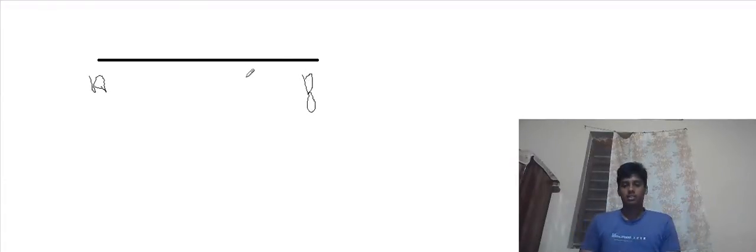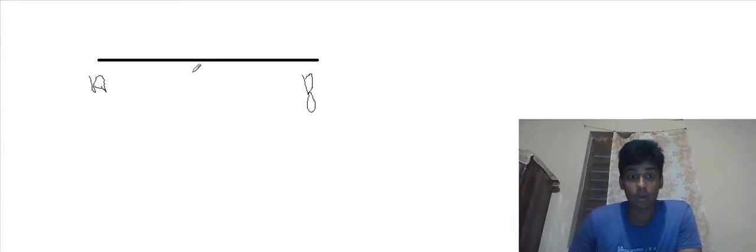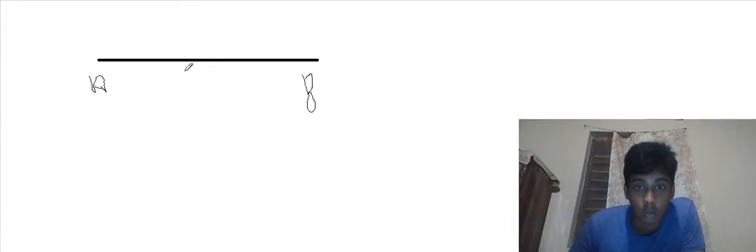What is distance? Distance is nothing but the total distance traveled by an object. Remember, distance is nothing but the total path length covered by an object. What is path length? The distance from A to B is the path length. The total path from A to B is said to be distance.